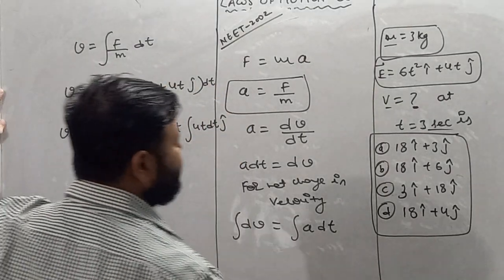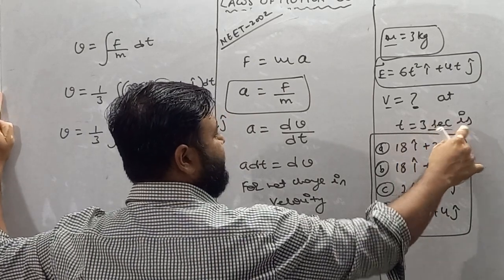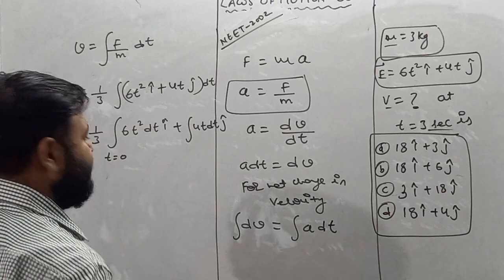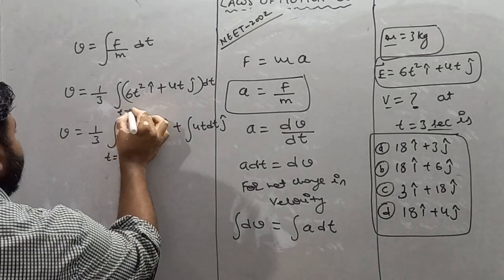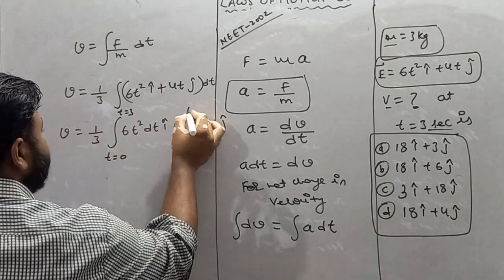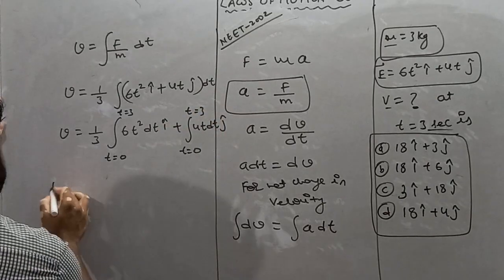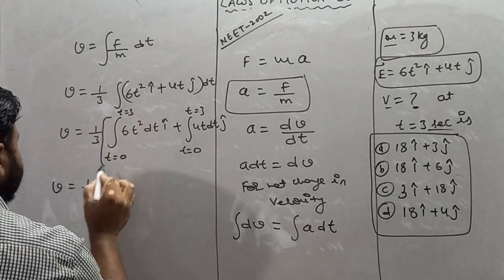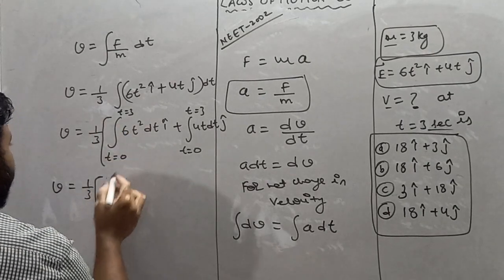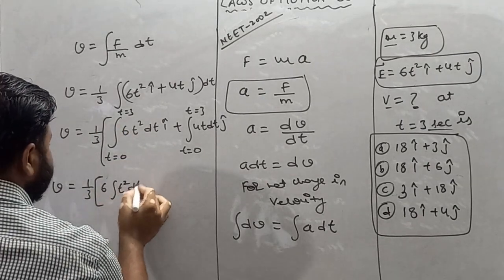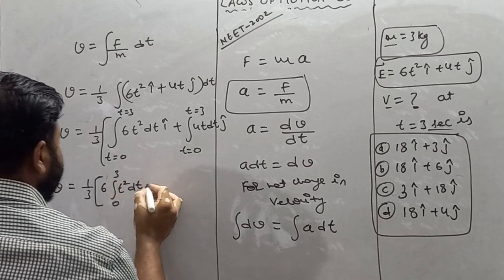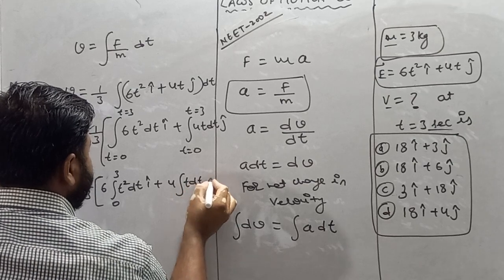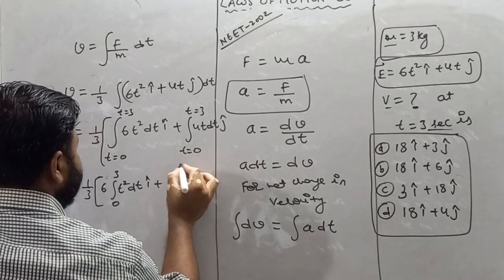Now see, my dear students, they are asking for the velocity at t equals 3 seconds. So let's suppose initially time is 0, and we go from t equals 0 to t equals 3 seconds. So v equals 1 by 3, 6 comes outside, and the remaining is t square dt from 0 to 3 i cap plus 4 comes outside, dt, and it is j cap from 0 to 3.